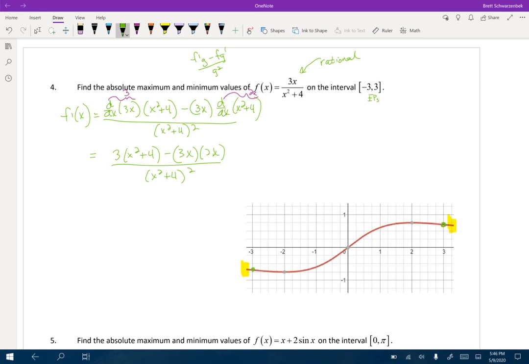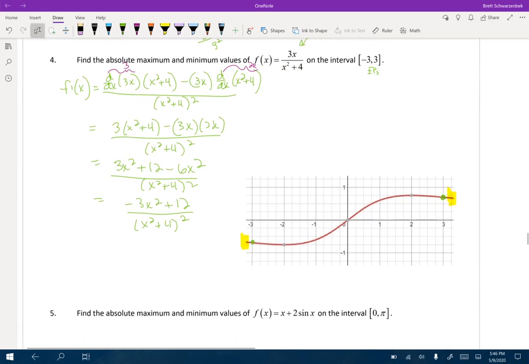We're going to get 3x squared plus 12 minus 6x squared over x squared plus 4 squared. And finally, if we combine like terms, we're going to get negative 3x squared plus 12 over x squared plus 4 quantity squared. So this is the derivative of our function, which we now must set equal to 0.